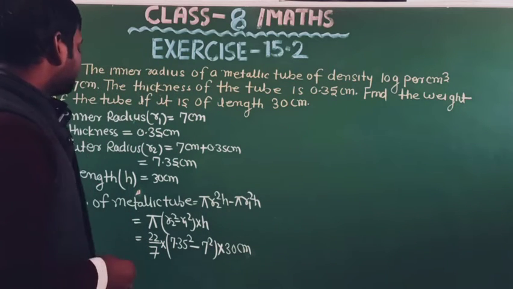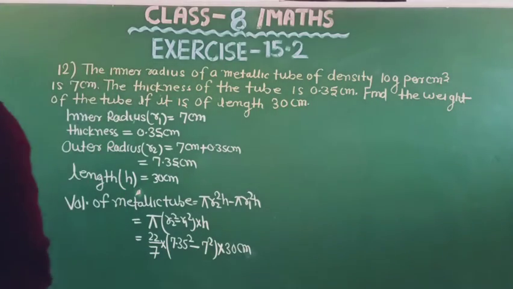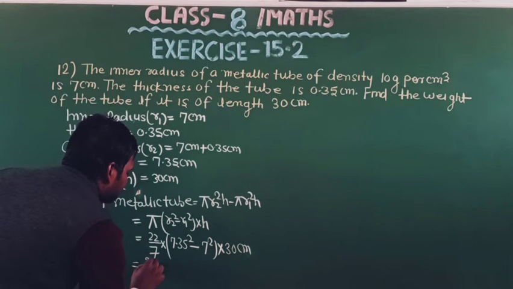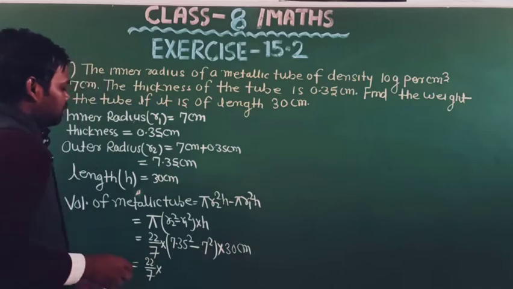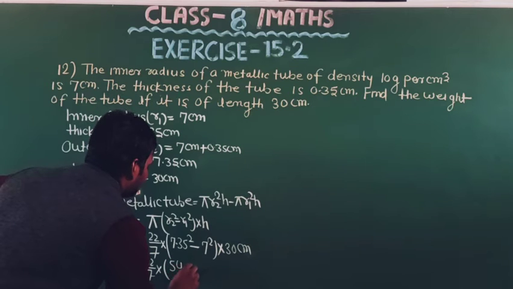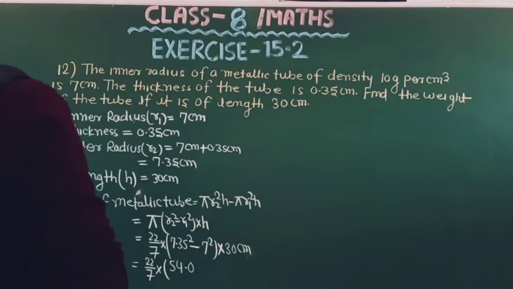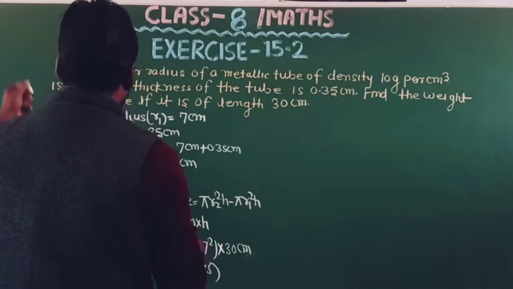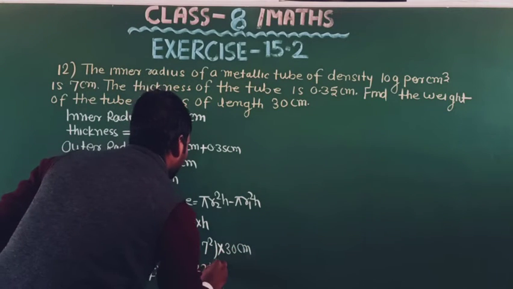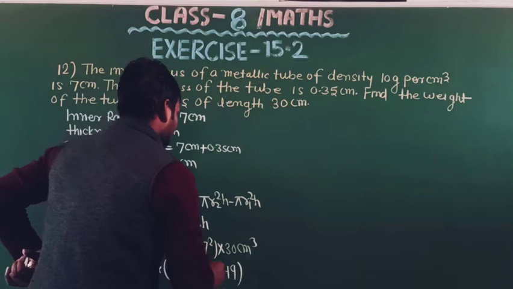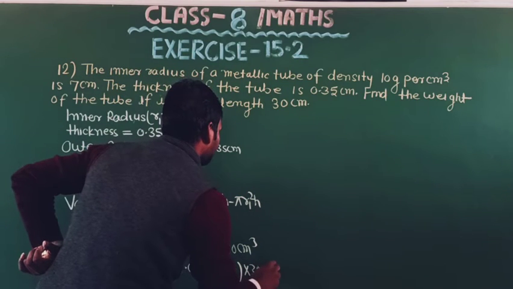Then the square of 7.35 is 54.0225, and 7 square is 49, whole in centimeter square, into 30 centimeter.